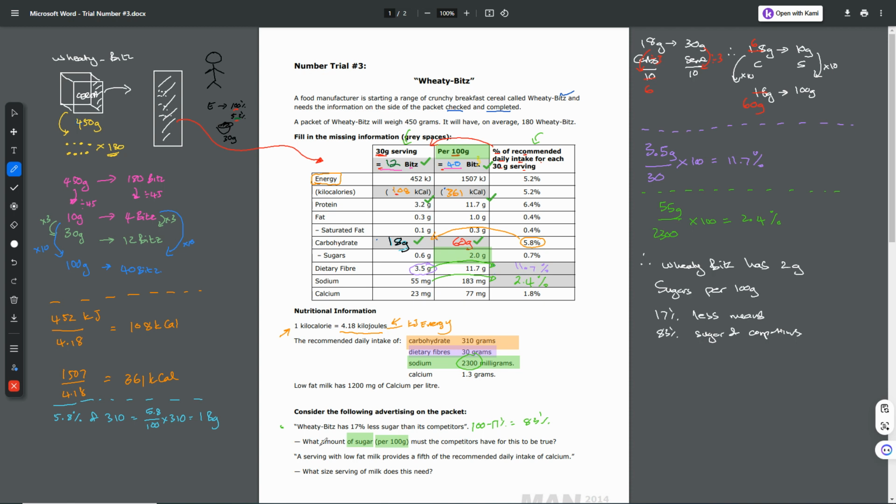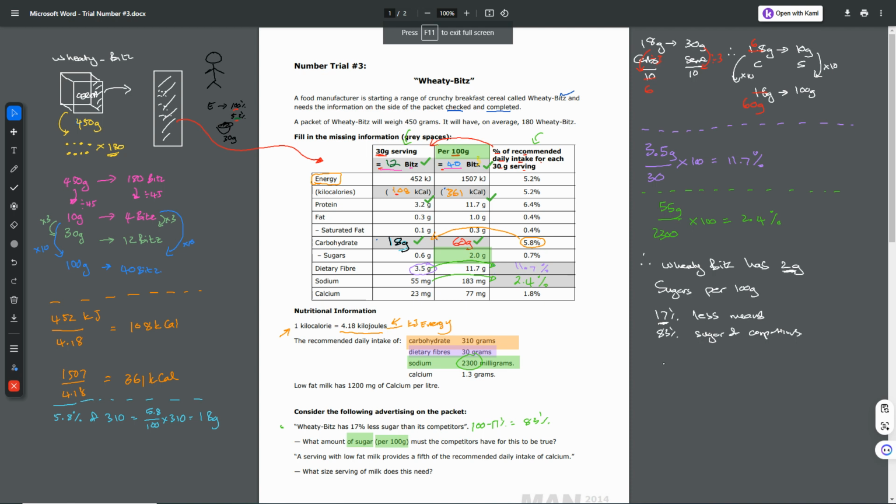Okay, so what amount of sugar must the competitors have for this to be true? If Wheatie Bix has 17% less, so at 2 grams, it's 17% less, right? We want to calculate what the amount is.